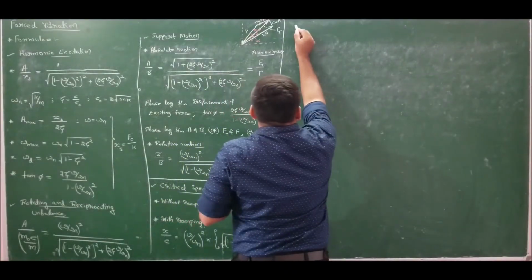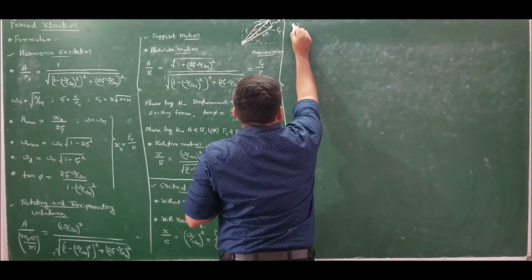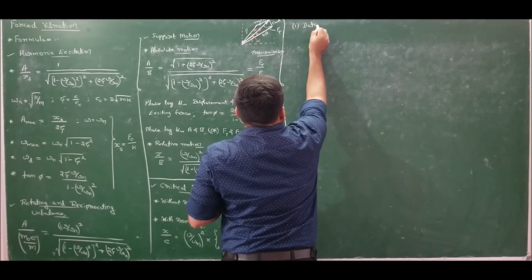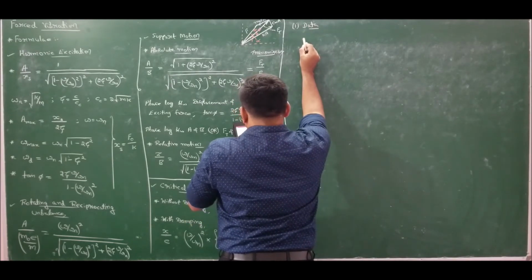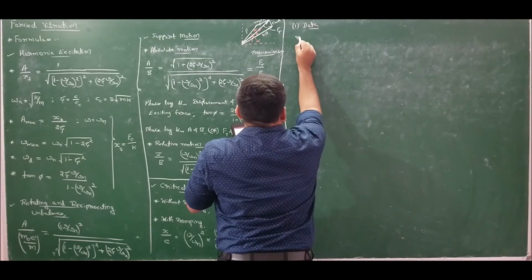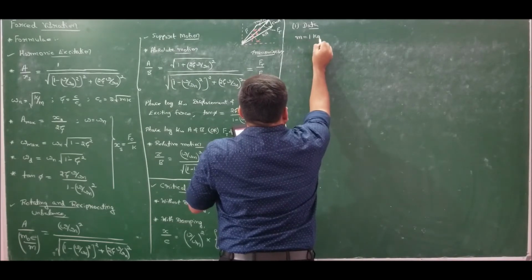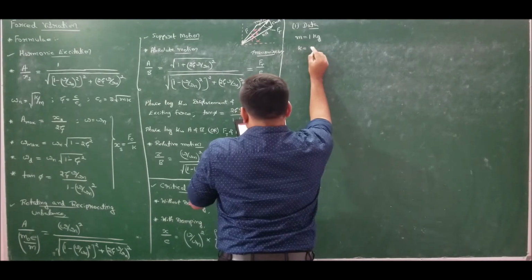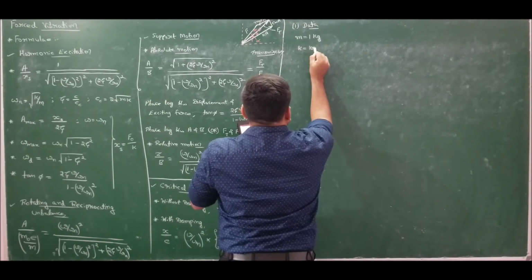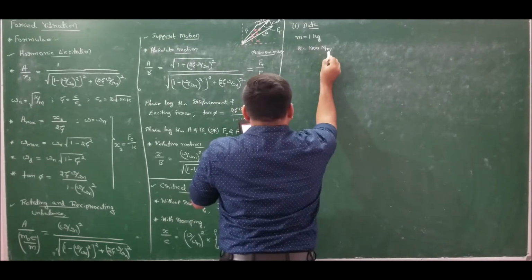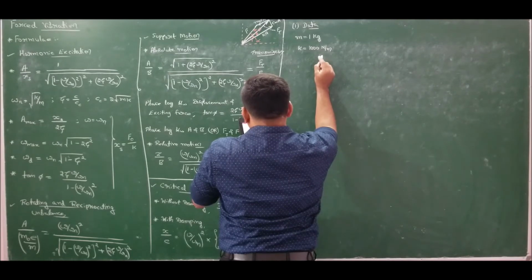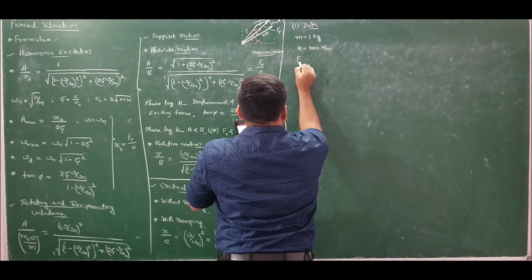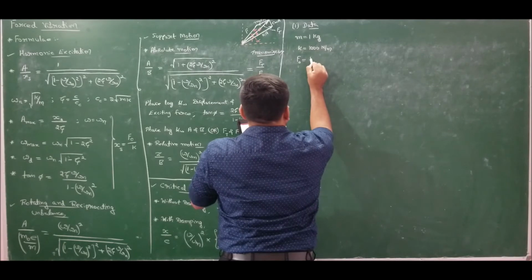If I list out the data given for problem number 1, a vibrating system having a mass m of 1 kg is suspended by a spring of stiffness K of 1000 Newton per meter and is put to harmonic excitation under a force F naught of 10 newtons.